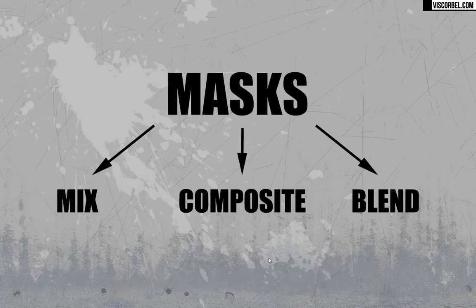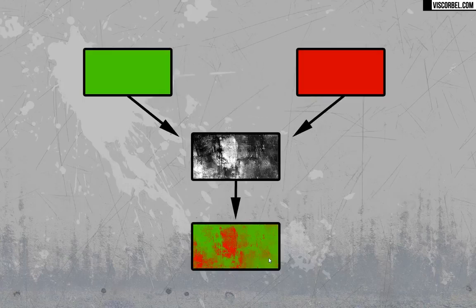Now let's talk about masks. And these are black and white patterns that are used with mix maps, composite maps, and Vray blend materials. And masks are very important in my workflow. So basically what we do is we use a pattern to blend together two colors, maps, or materials.